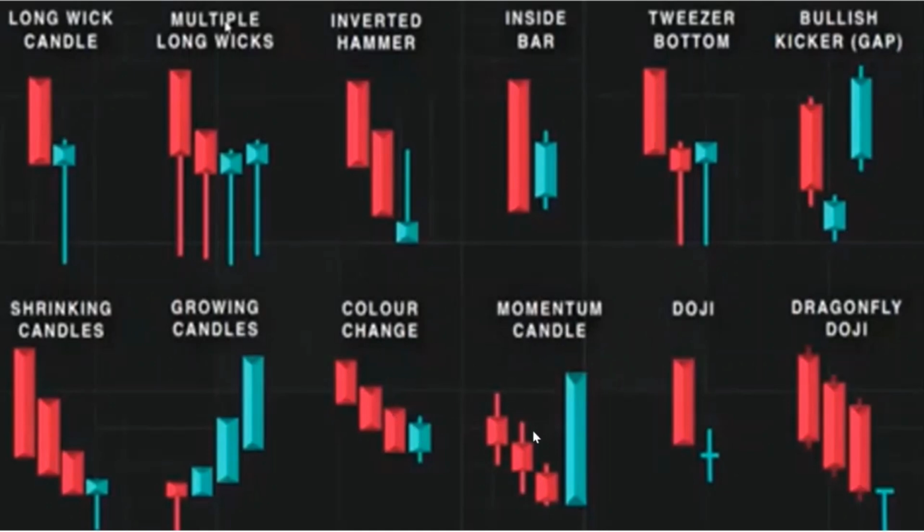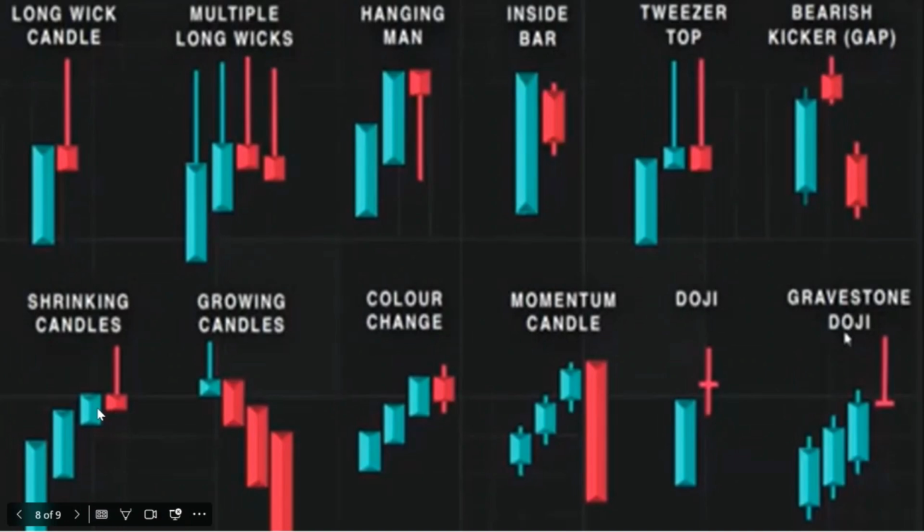We have the momentum candle. This is it over here, and we also have the doji candle, and also the dragonfly doji. This is it. Let me show you guys, we also have more types of candlesticks.